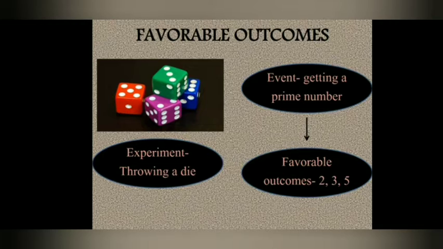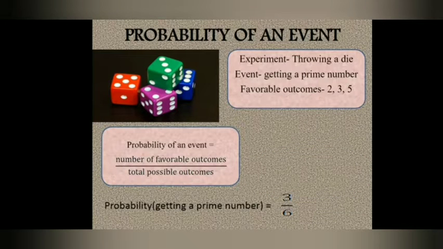See, for example, the experiment of throwing a die. The event is getting a prime number. A die has 6 numbers. Among those, 2, 3, 5 are prime numbers, so the favorable outcomes are 2, 3, 5. The number of favorable outcomes is 3.